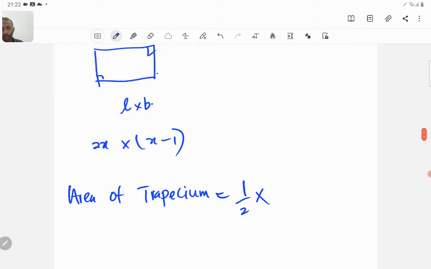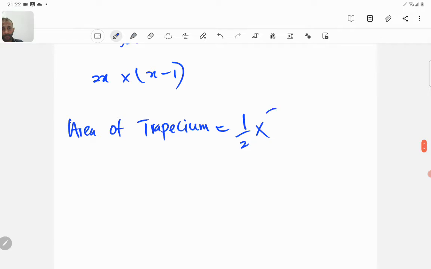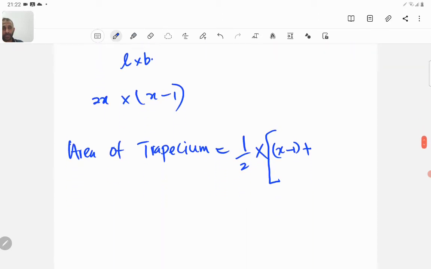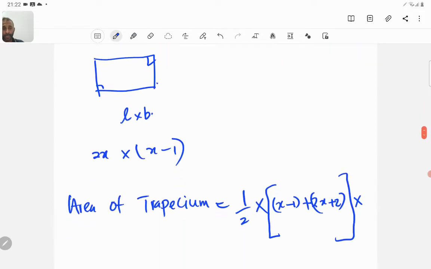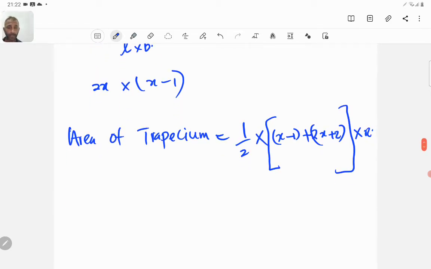So the first length is x minus 1, plus the second length, 2x plus 2, into the perpendicular height, which is x. So this is the area of the trapezium.